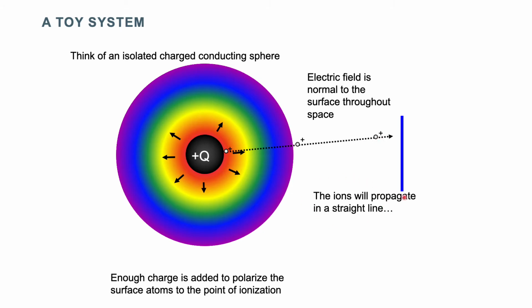Effectively, in that case, the ions will propagate along these straight lines, which are emitted radially from the center of the sphere. And then we can collect them onto a detector.